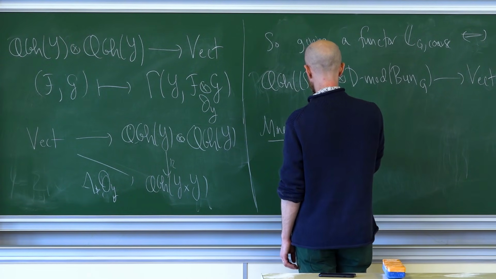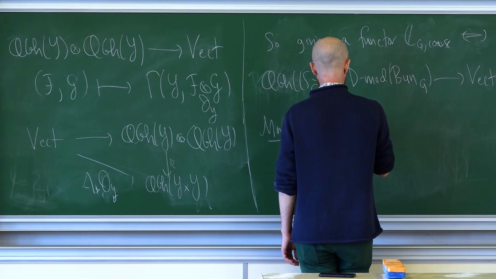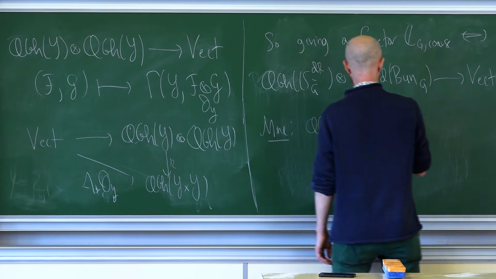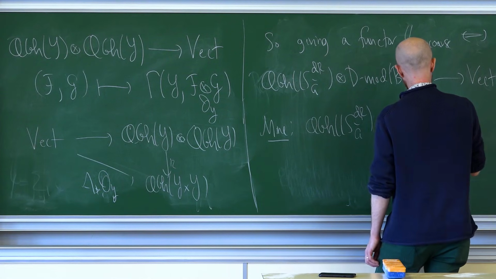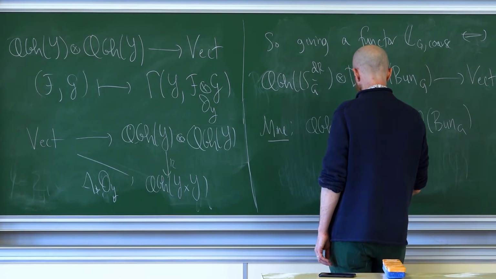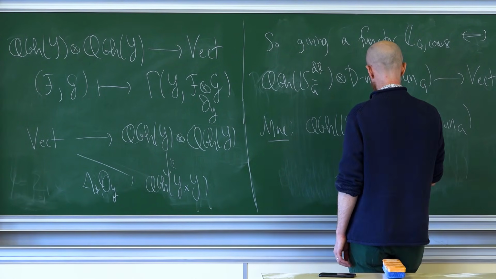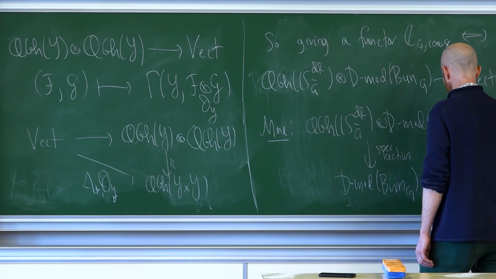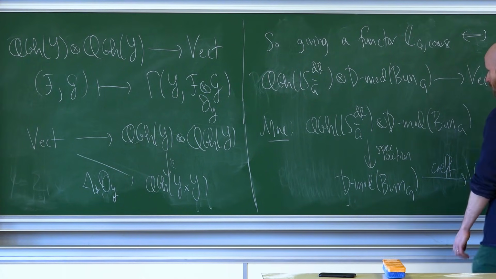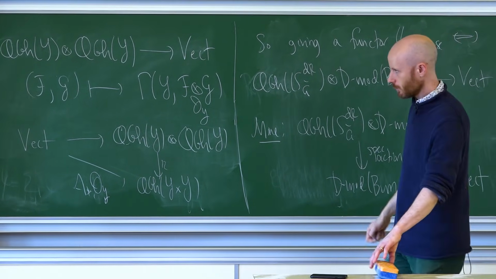I take the spectral action, and then I take the first Whittaker coefficient. That gives me a pairing from here to here, and therefore a functor L_G coarse.